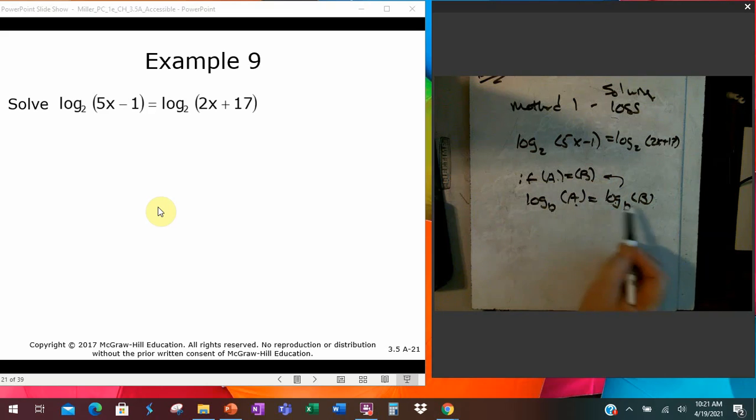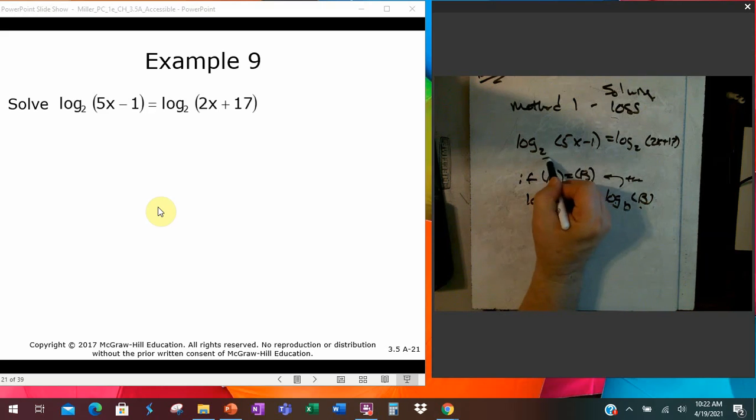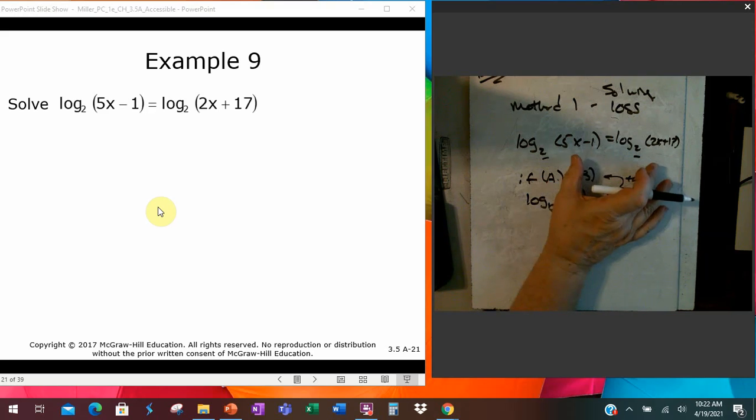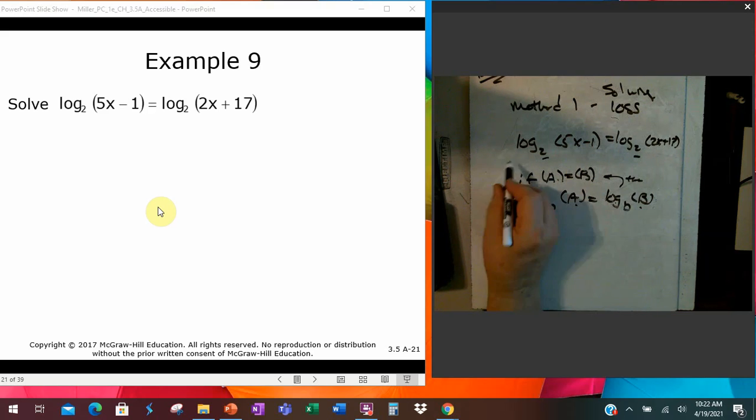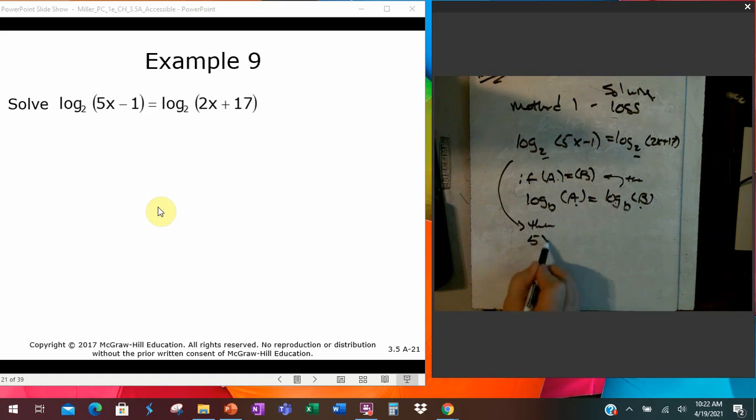If the log of a is equal to the log of b, then a is equal to b. If I can get this expression, so I've got the same base, all together, one log equal to one log, then 5x minus 1 must be equal to 2x plus 17.